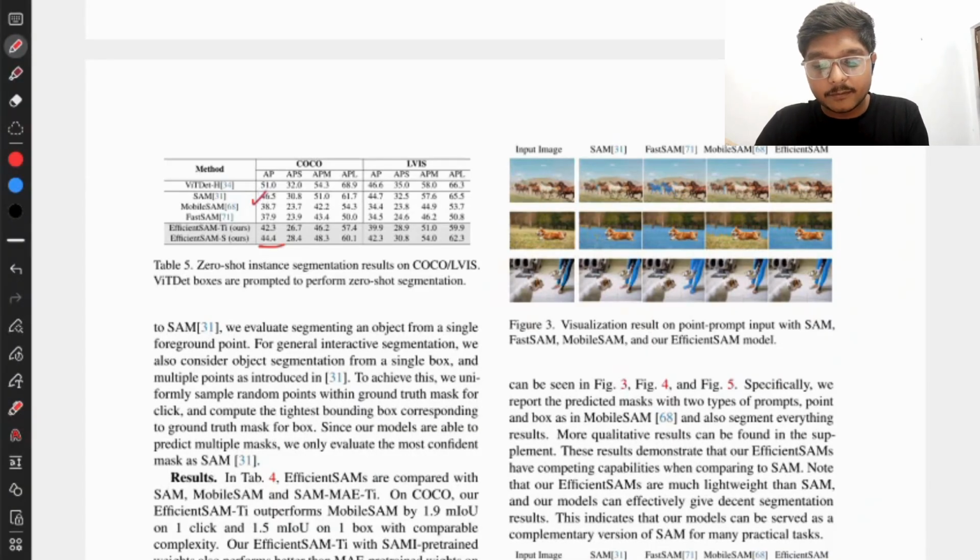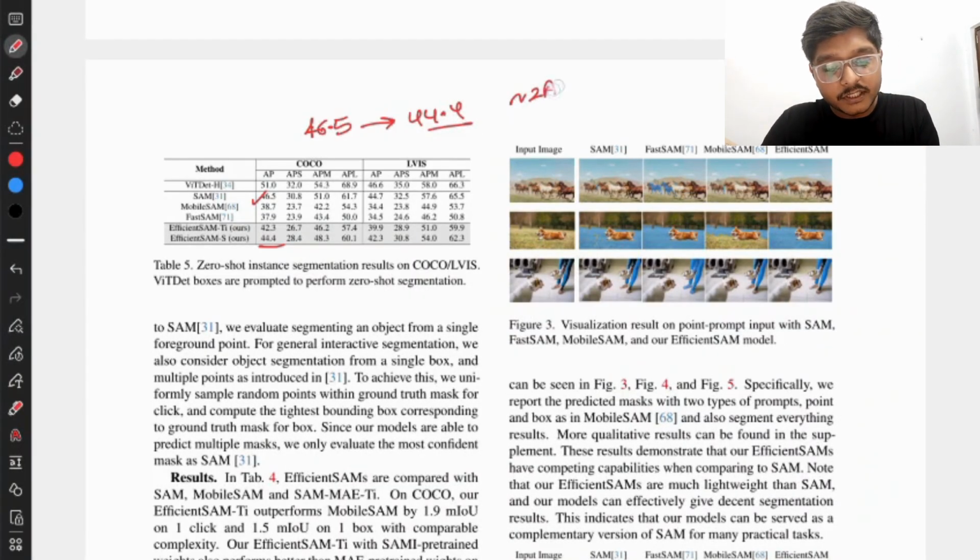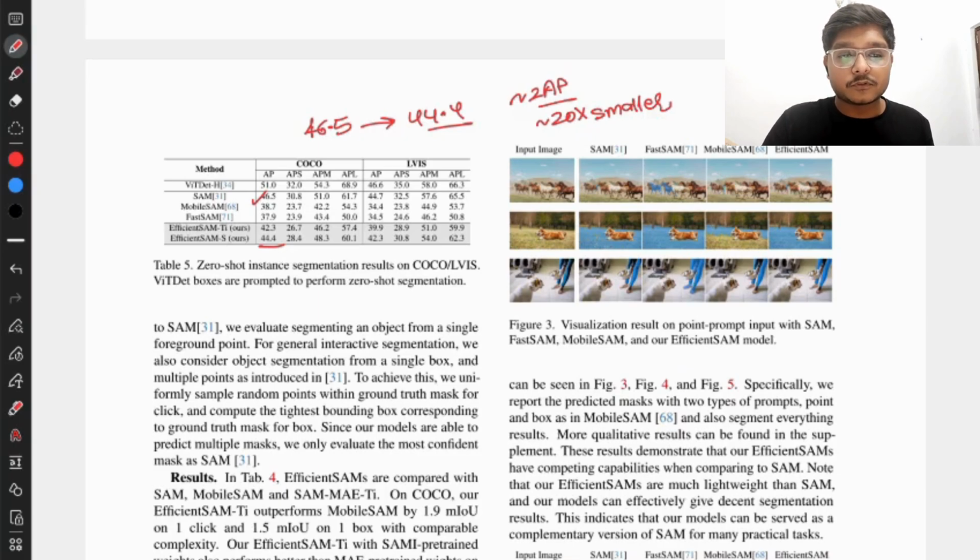For context, the original SAM achieved 46.5 AP on this dataset, which is only roughly a 2 AP performance drop, keeping in mind that EfficientSAM is nearly 20 times smaller than the original SAM. EfficientSAM outperforms other fast models like MobileSAM and FastSAM by about 4 AP on both COCO and LVIS.